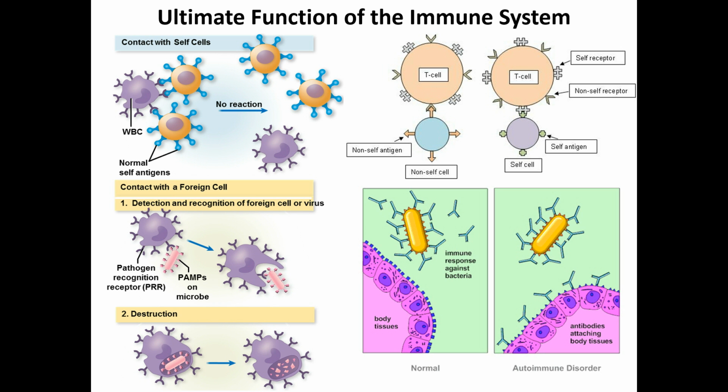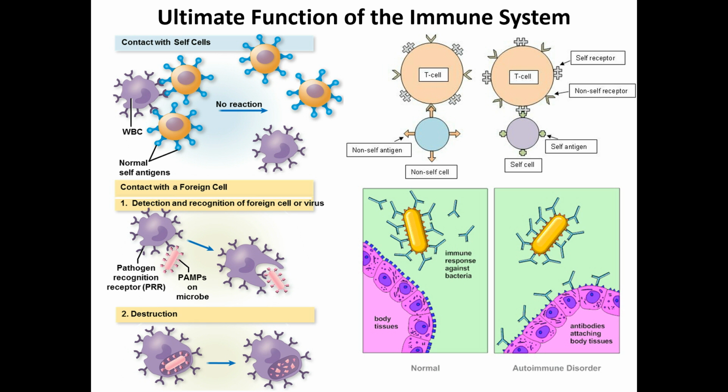Our lymphocytes also function in a similar manner. Our lymphocytes, like our T cells, have T cell receptors that bind to specific antigens being presented to them. They'll bind to self antigens and to non-self antigens.